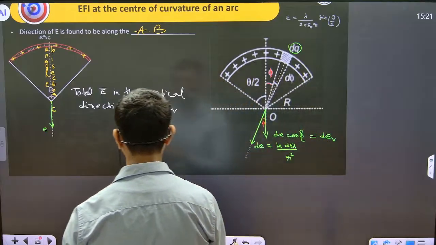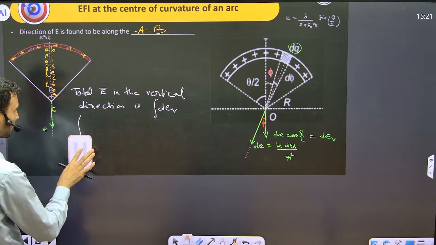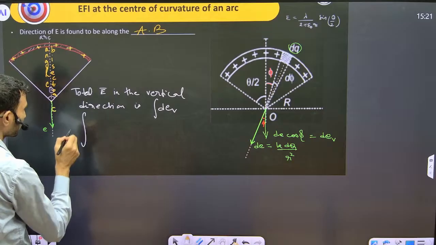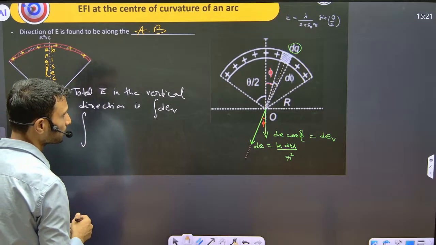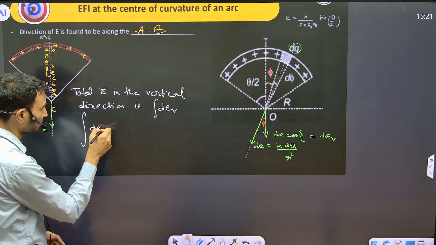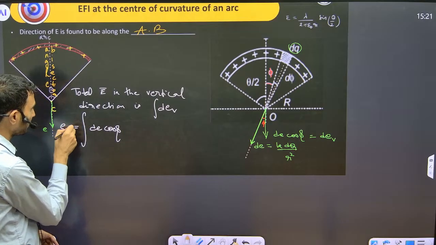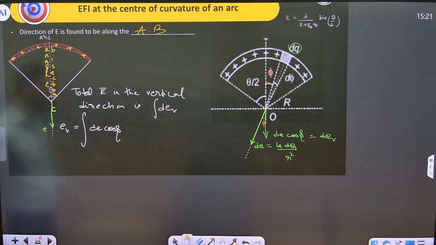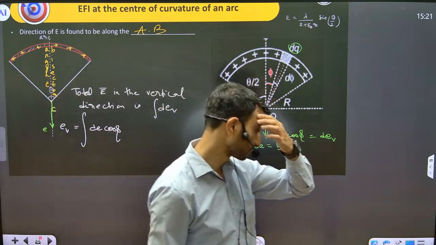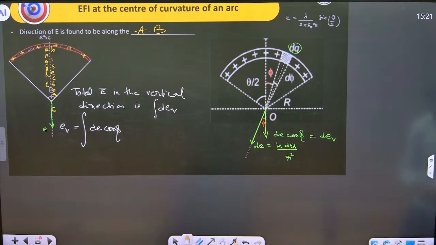So let's put the values. Integral dEv, which is equal to dE cos phi. Right? That will give me Ev. Ev means vertical electric field. That's what you have to find out. That's the net electric field, right? Due to all such elements.